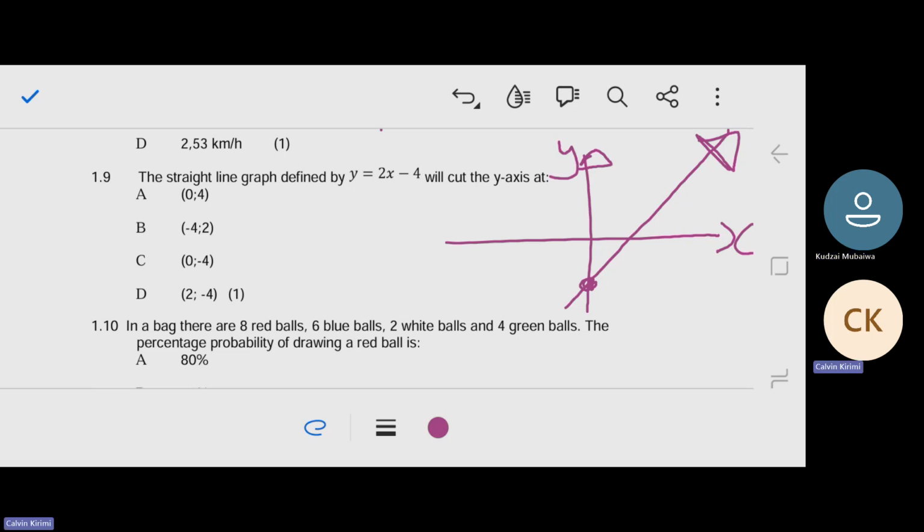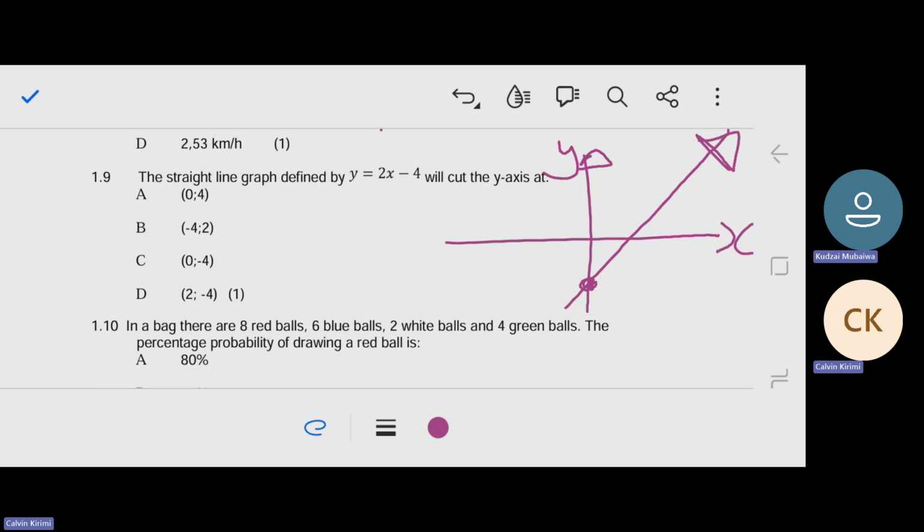Did we say we check C when you're checking the graph? No. If it's sloping upwards, you're checking the M. So your M is positive, the graph is sloping upwards, it's increasing.